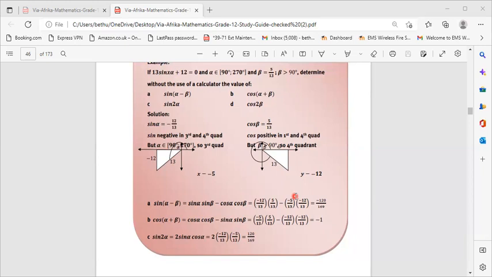Then it means y needs to be negative, because the y values in the fourth quadrant are negative. So what do you get? Use the Pythagoras theorem. Thank you, guys. So the answer should be y is equal to -12.